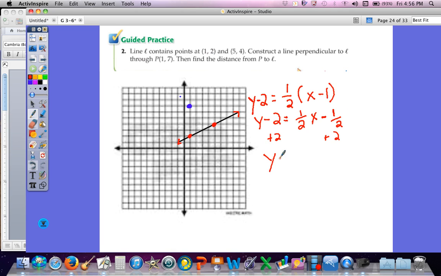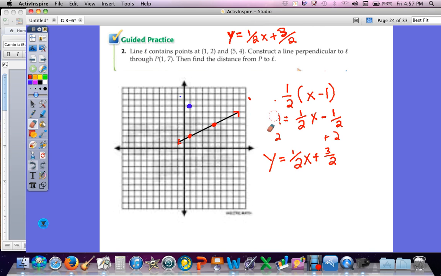So y equals 1/2 x, negative 1/2 plus 2 is 1.5, or as a fraction, that's 3/2. And that does look like that's what this line is going through. Like it's going through probably about 1.5 on the y-axis. So I'm going to erase some stuff here in a minute, so I want to make sure I have my equation. Have that over to the side.